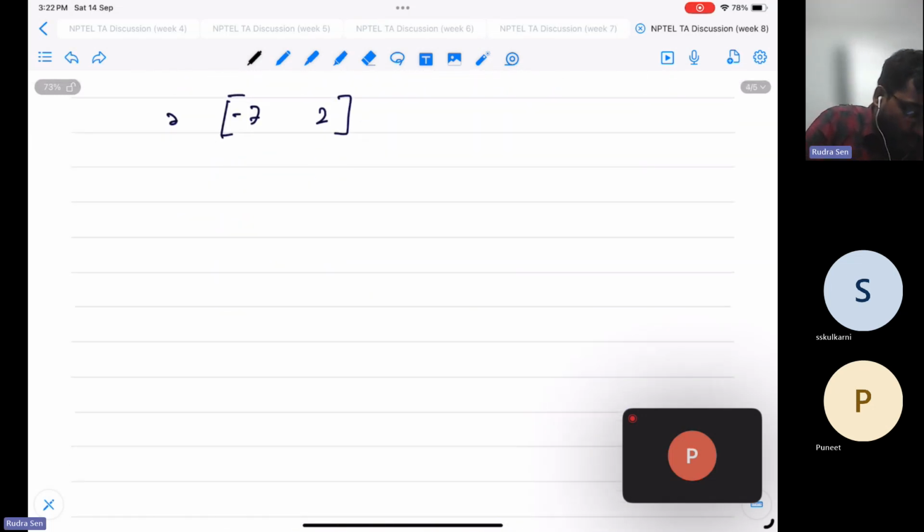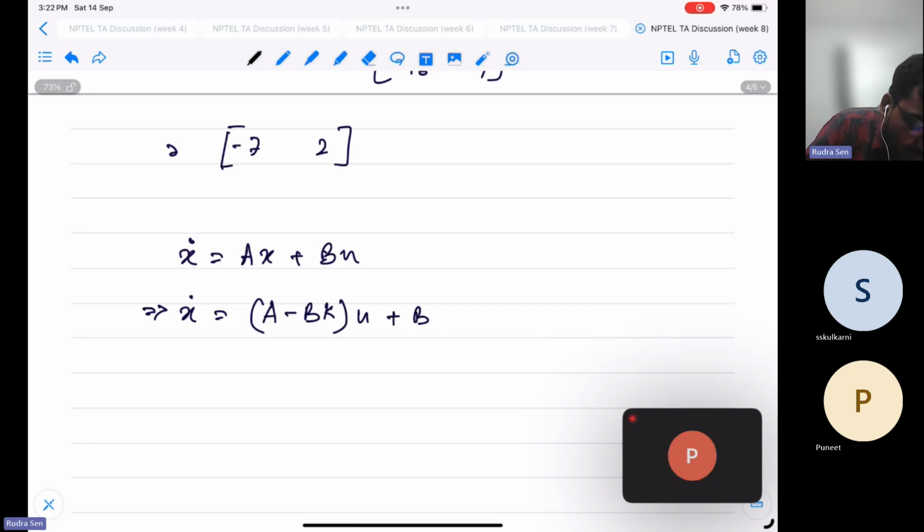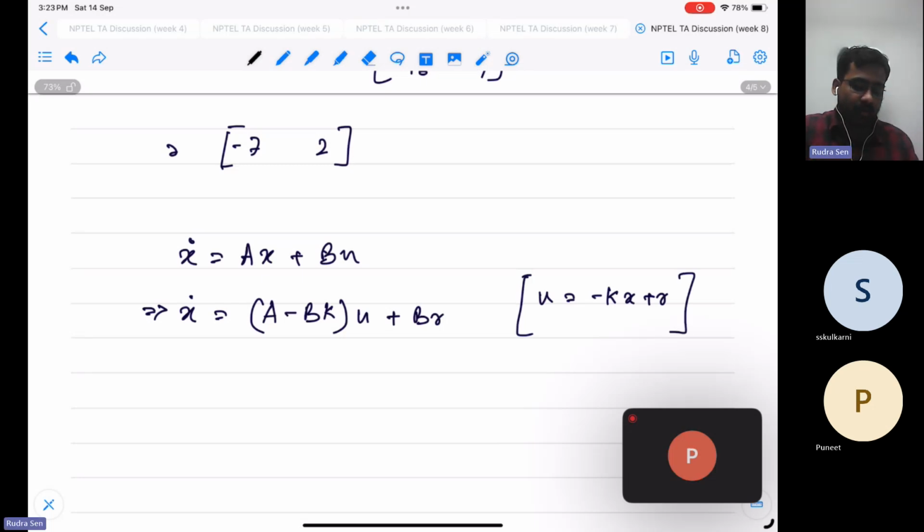So now my system, which was x dot equals Ax plus Bu, right? Now my system is x dot equals (A minus BK)x plus Br, because I have used u equals minus Kx plus r. So what is A minus BK?